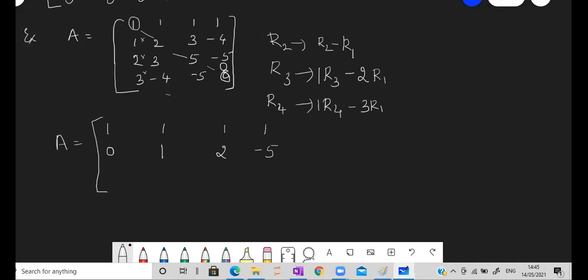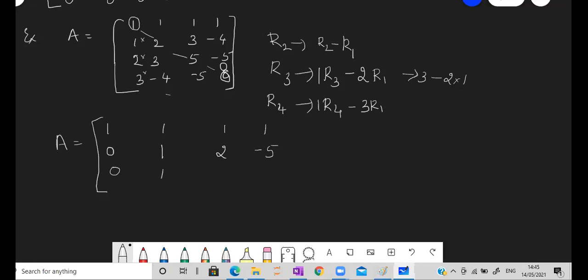Okay. Now, R3 operation is R3 minus 2R1. Can you tell me what you will get here for this element 2? Surely it will be 0. Next, for this 3, the corresponding element is 1. Luckily, for all these the corresponding elements are 1, 1, 1 only. I'll apply this. This R3 element is 3 minus 2 into 1, how much? 1.